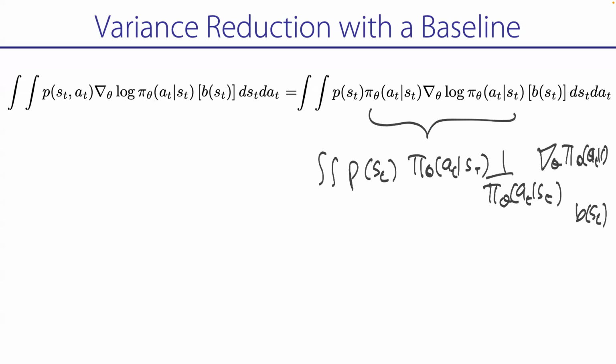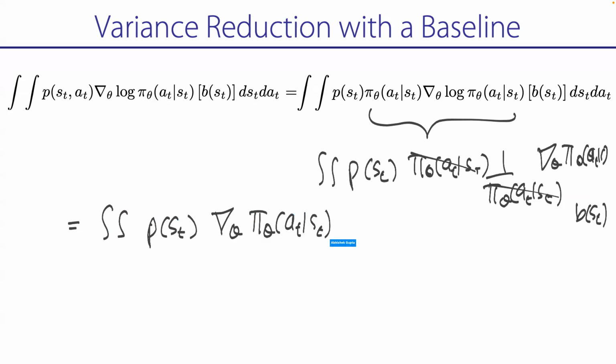Now the nice thing is pi and pi cancel, and so you have simplified this to P of S_t times grad theta pi theta times B of S_t dS_t dA_t.